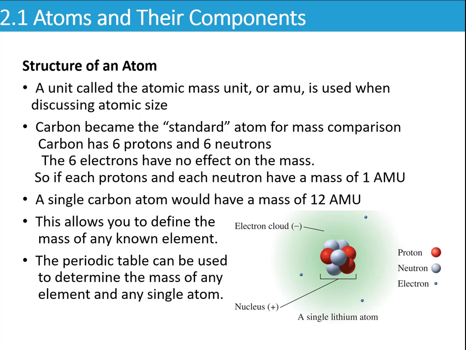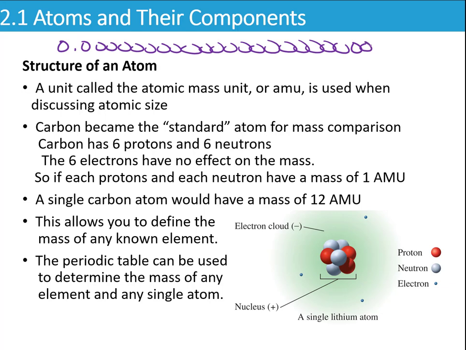So they tried to come up and say, okay, how big are atoms? If we measured one atom, it's about 25 zeros in front; that's how many grams one atom would weigh. Super, super, super small.